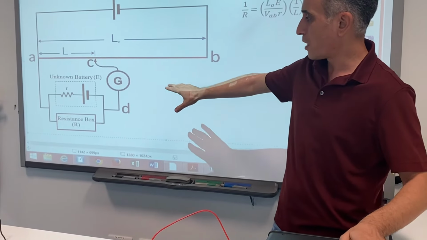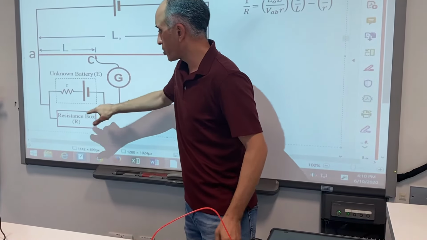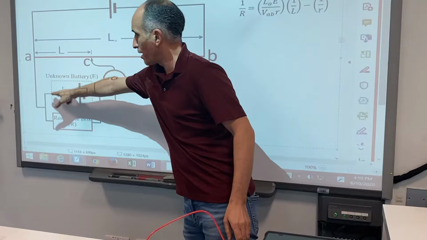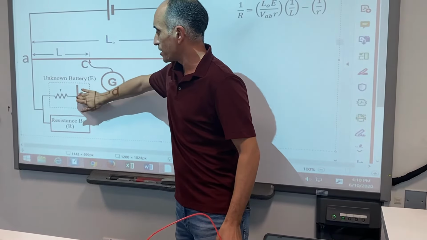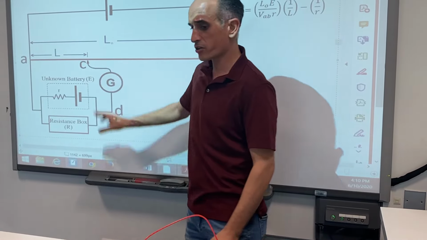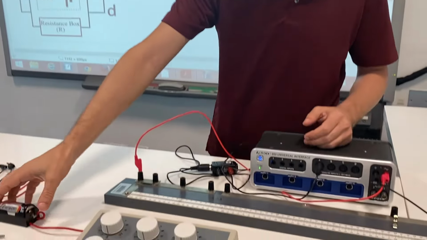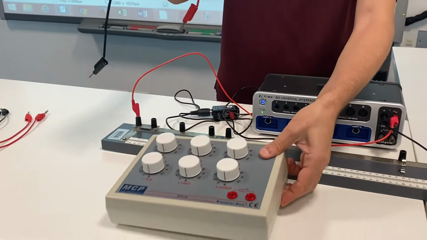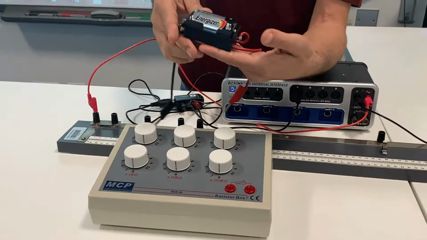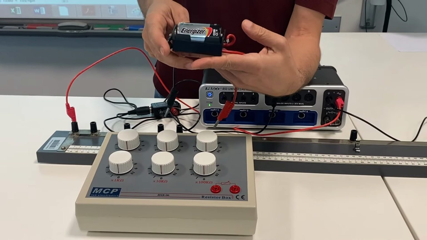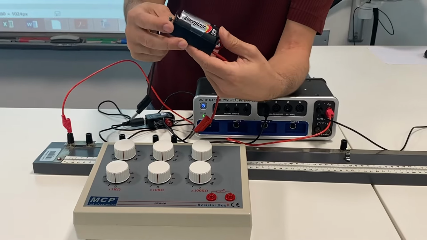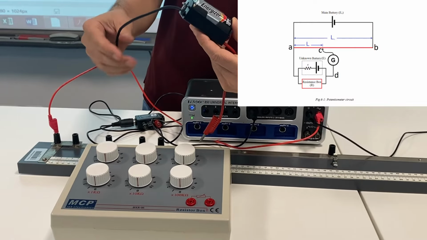Now for the lower part, notice that we have the resistance box connected in parallel with the unknown battery. So this EMF and internal resistance are both for the unknown battery, which is the D-size battery that we have right here. According to the diagram, the positive side of this battery is connected to the left side of the resistance box.